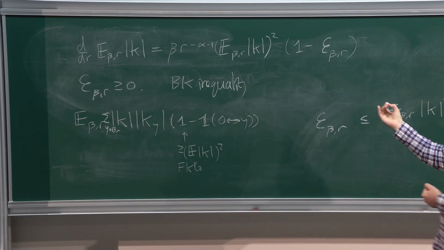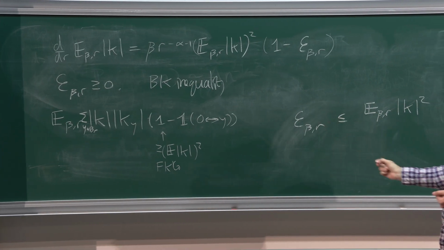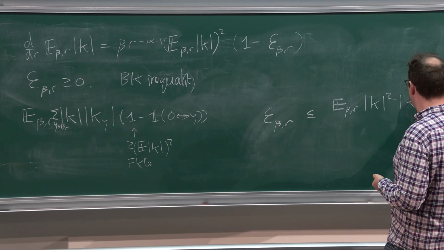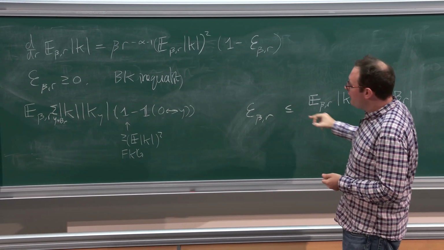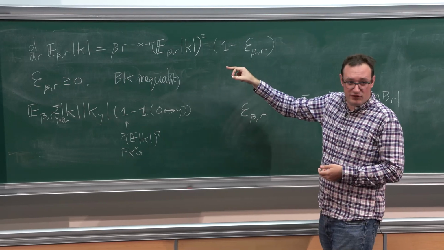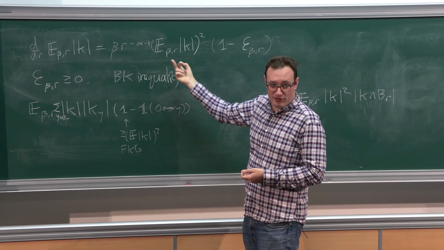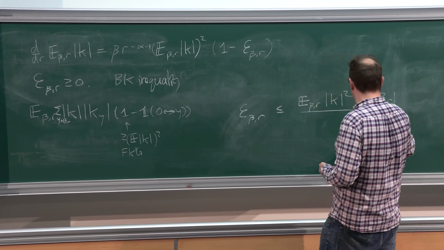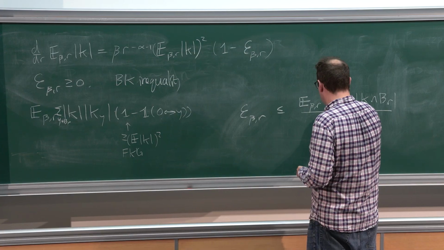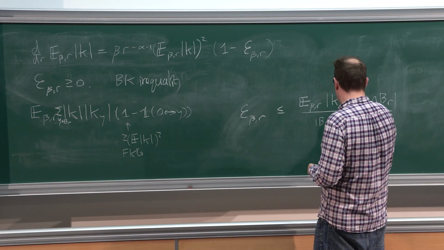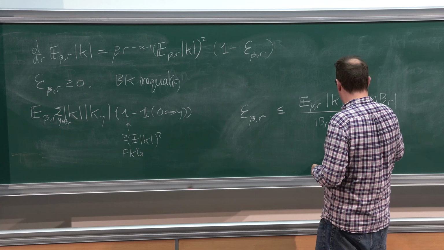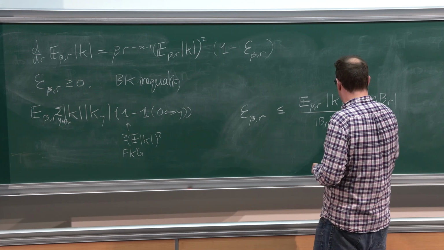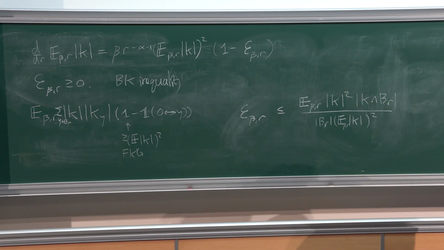And I get the square of the cluster at the origin, because K and K_y are the same, times the number of y for which this indicator holds. And I wrote my error in this multiplicative notation, so I have to divide by the leading order term. So I get the volume of the ball times the square of the first moment.